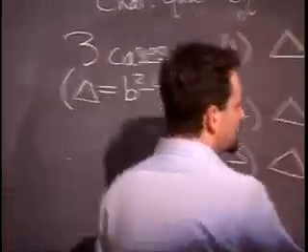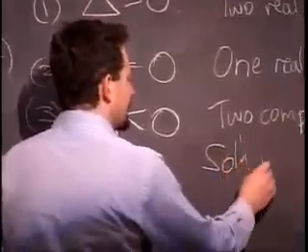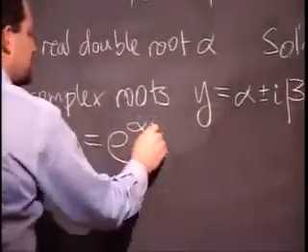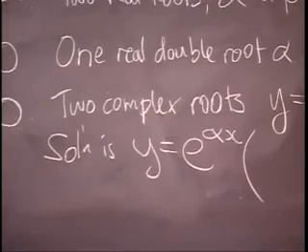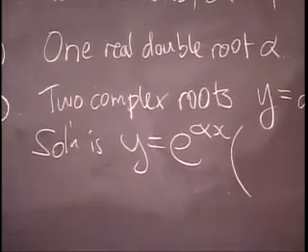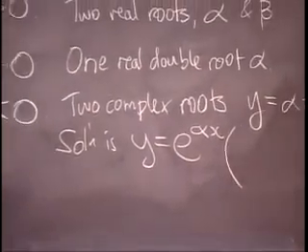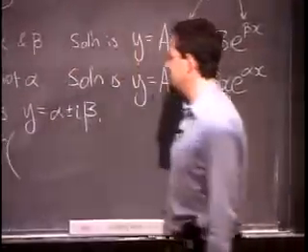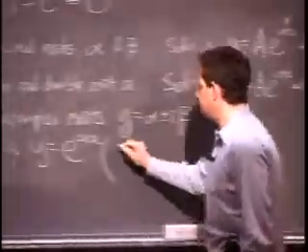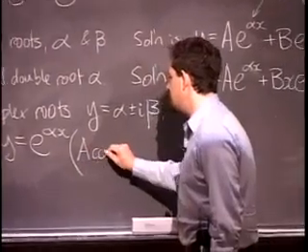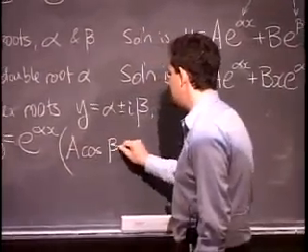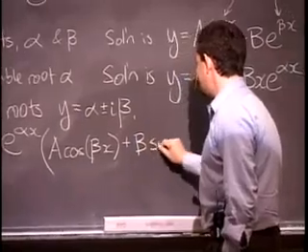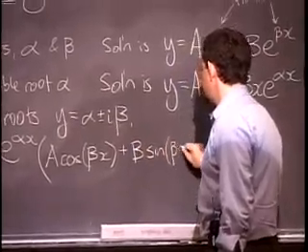In this case, the solution is y equals e to the alpha x. It should really be e to the i beta, or something like that. But remember, Euler's formula says that e to the i beta has something to do with cosines and sines. So it may not be such a surprise to learn that we now have A cosine beta x plus B sine beta x.